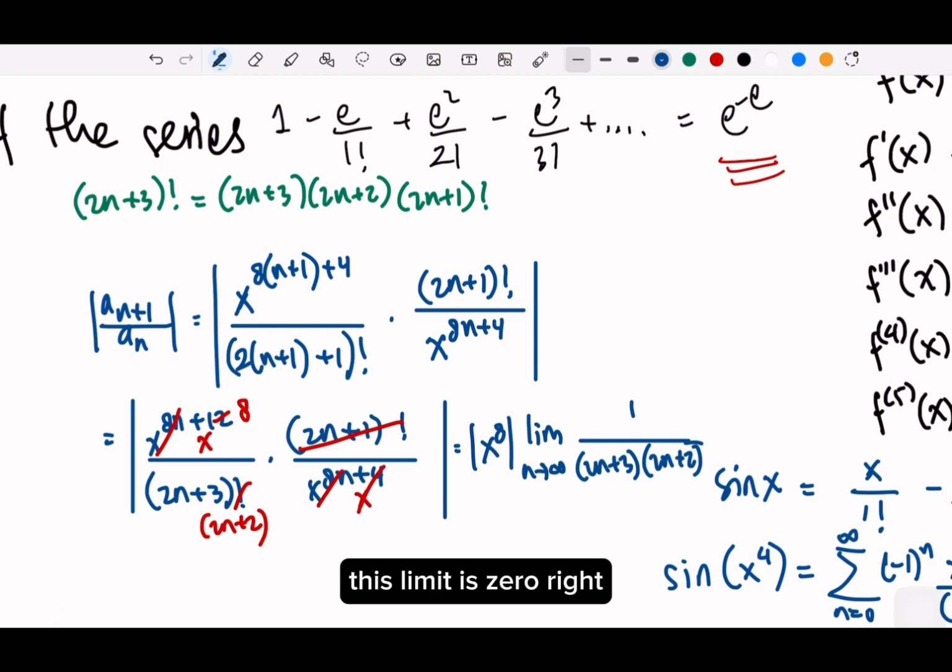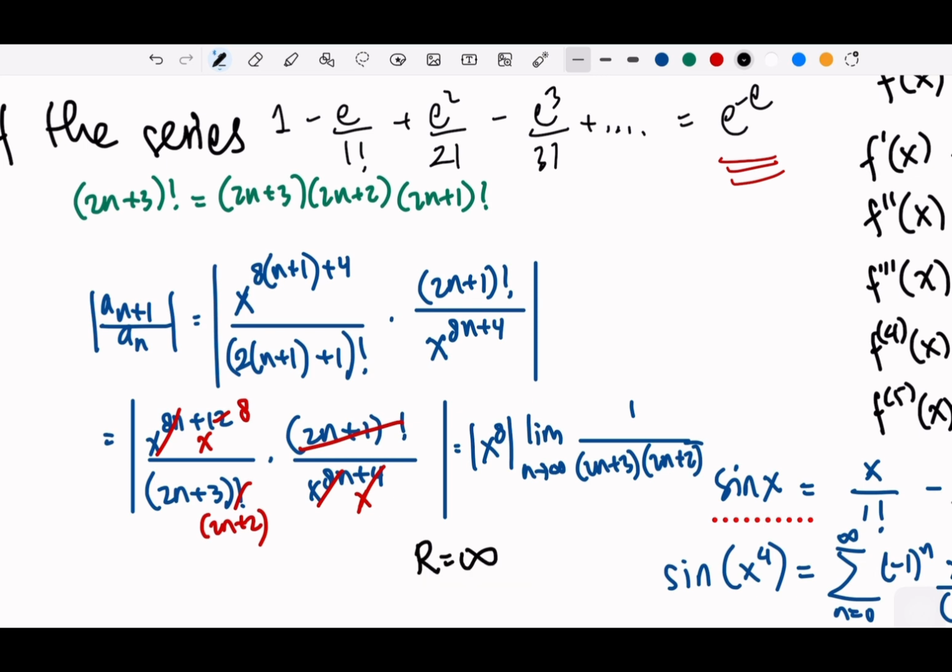This limit is 0, right? Since this limit is 0, every x will be possible. So the radius is infinity, because every x is possible.